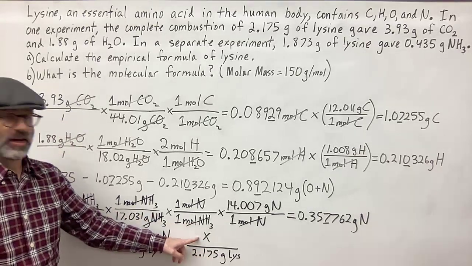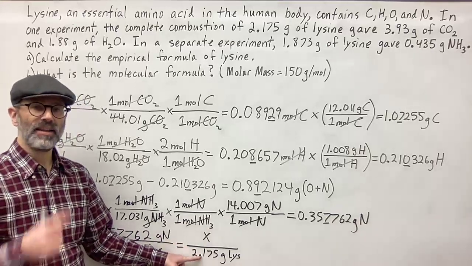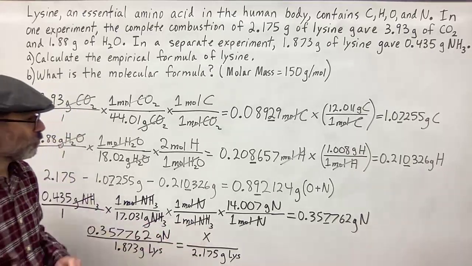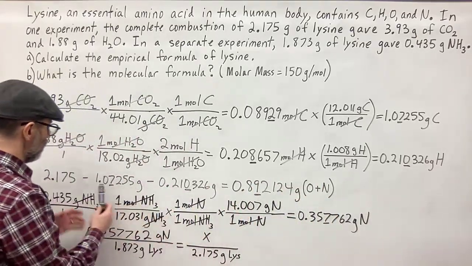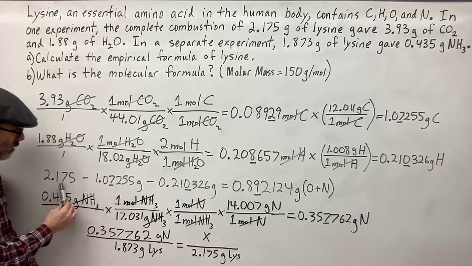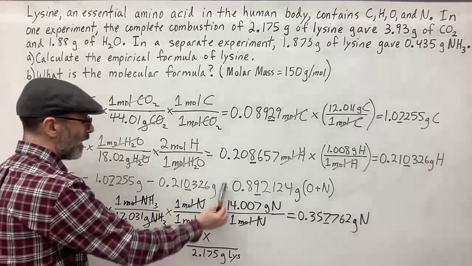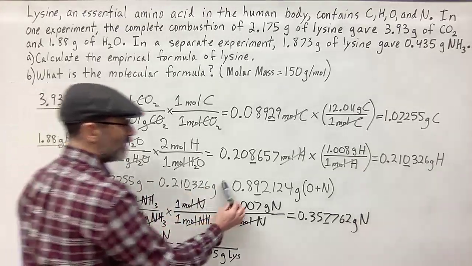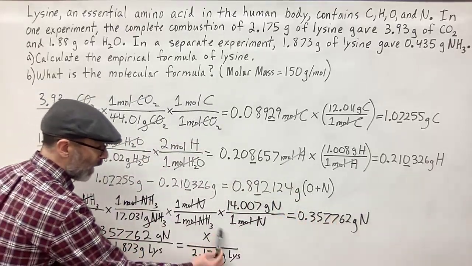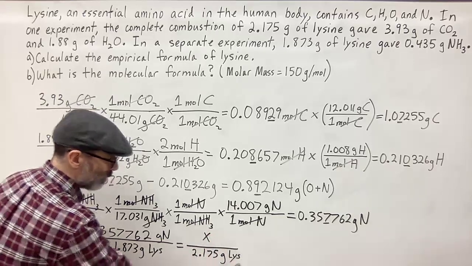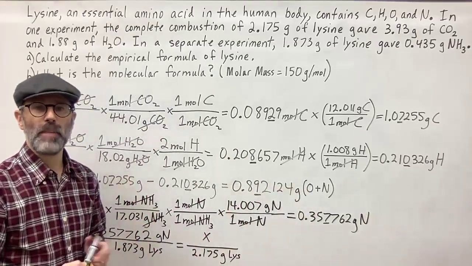Why? Because when I find the gram amount from this sample here, I can then subtract that gram amount from this here. Remember, we subtracted from our original amount here, 2.175, the mass of the carbon and the mass of the hydrogen, and then we have this left over, which is oxygen and nitrogen. So if I can find the gram amount of the nitrogen in this sample of lysine, I can subtract that from this, and I'll have the mass of oxygen.